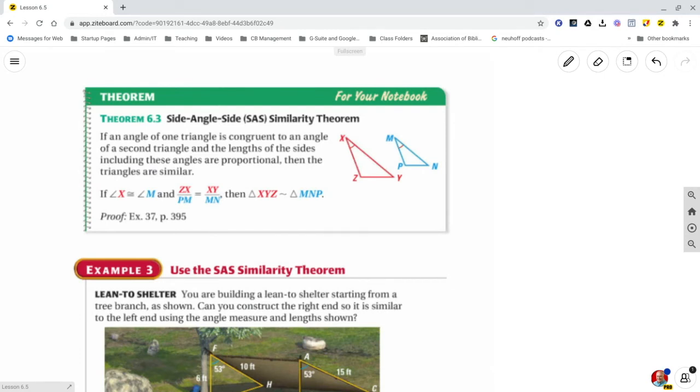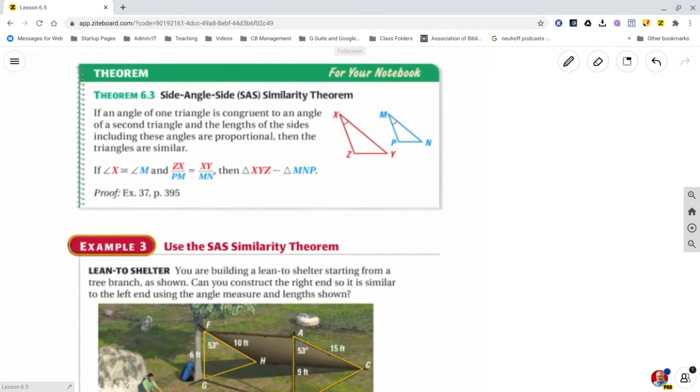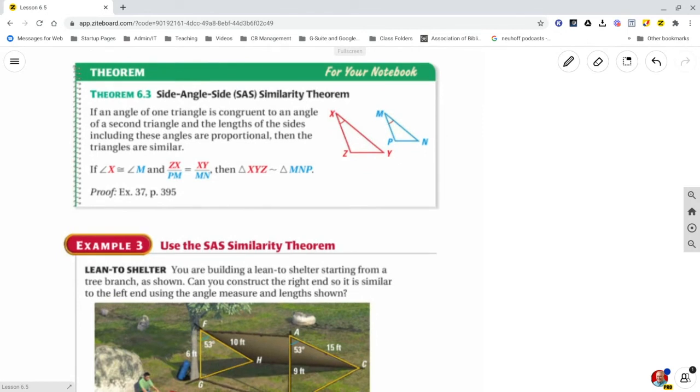We just looked at side similarity, and now we're going to look at side angle side. Very similar to what we've done before. We have to have two sides and the included angle, and if the included angle is equal and the two sides that create the angle have the same ratio, then we know that the triangles are going to be similar.